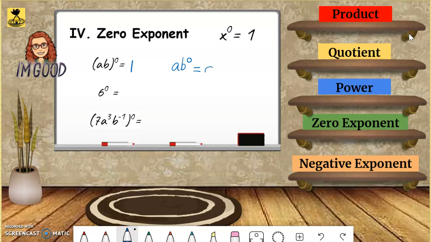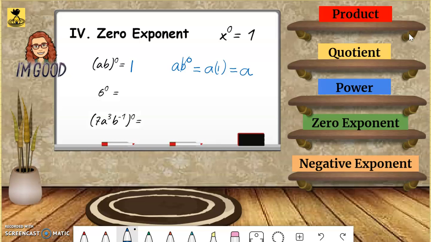It will be a times 1. Because only b to the power of 0 is 1, not the a. So the answer is a times 1, and of course any variable or any number multiplied by 1 is the number or the variable itself. So I hope you can see the difference here.